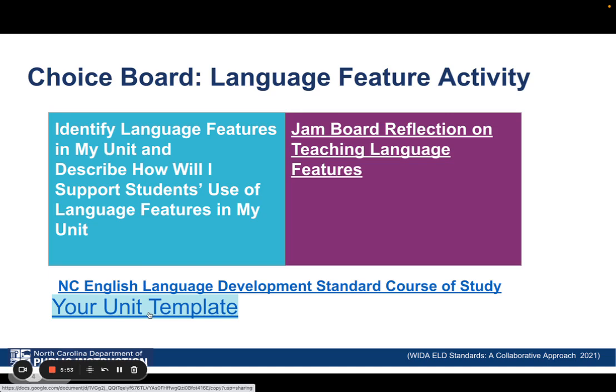And we have here a unit template that you will click on, and it will give you a template in which to insert those language features that you're going to teach to your students that are tied to your sample unit.